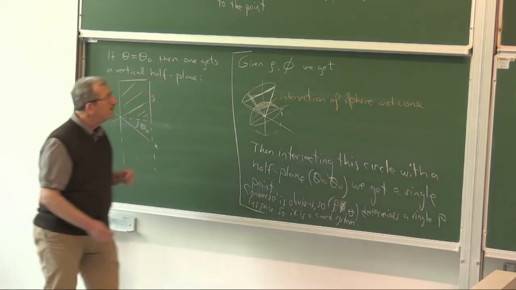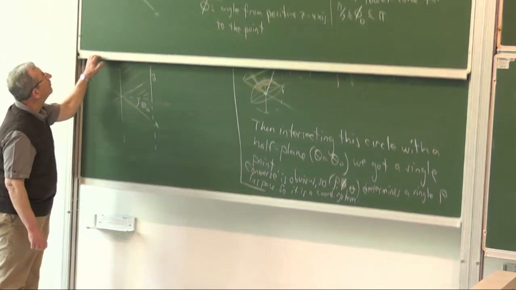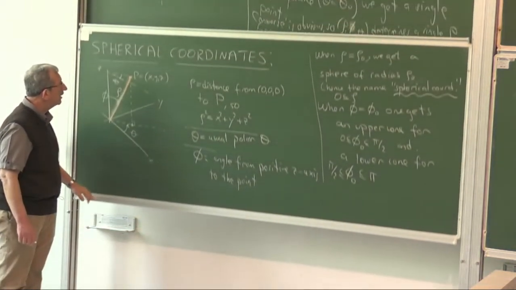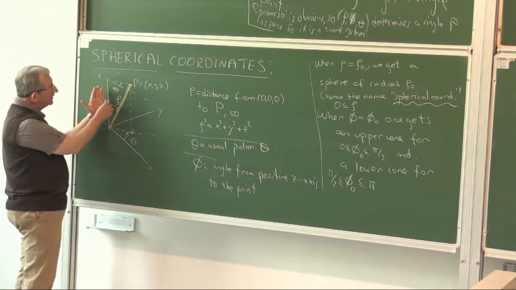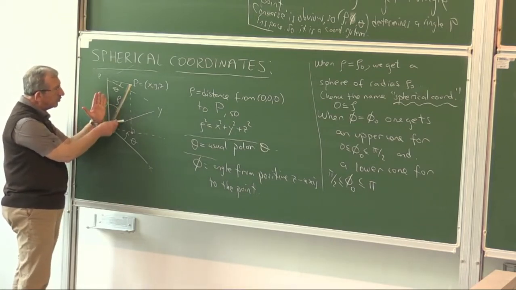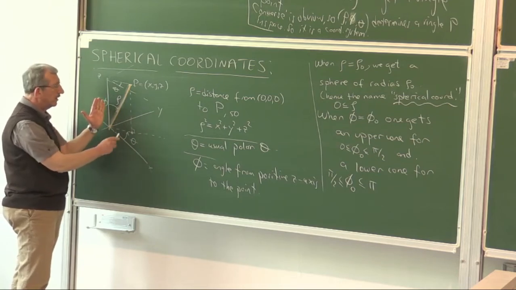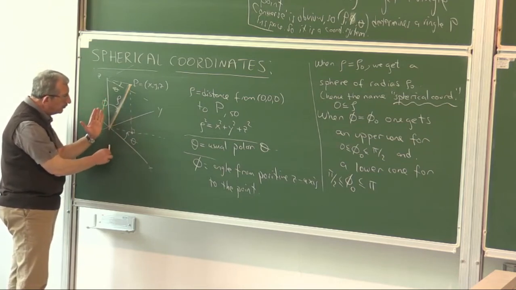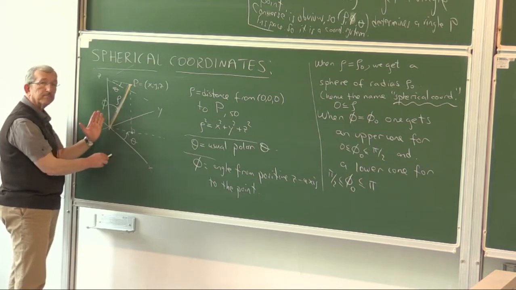Well, the explanation is the following. If we make this angle large enough so that we have pi over 2, we have the xy plane. If we increase it further to pi, we get everything up to here.